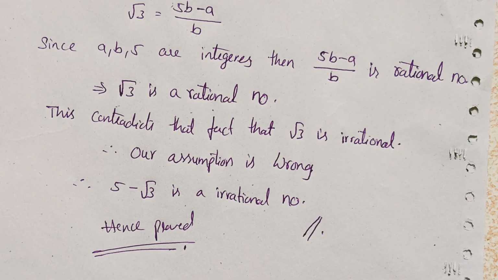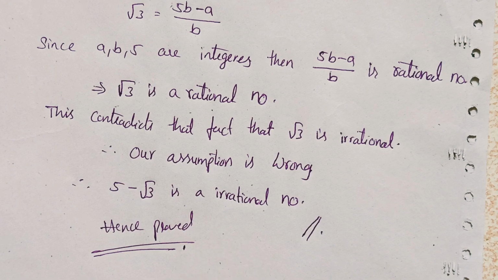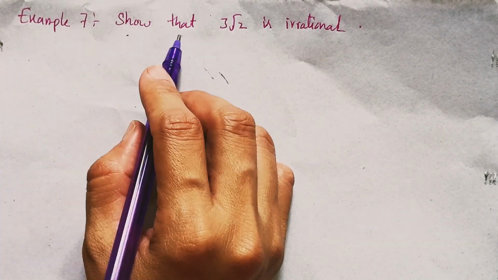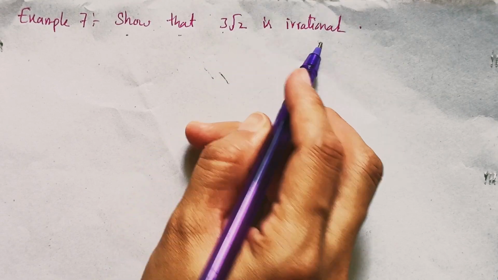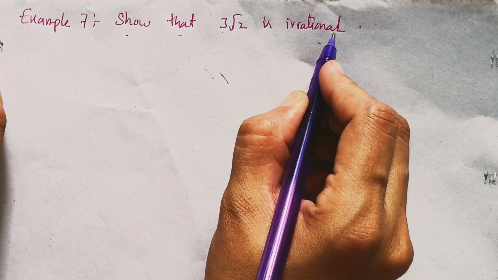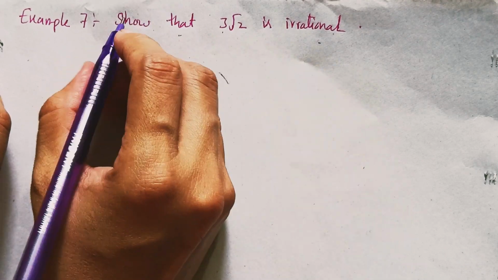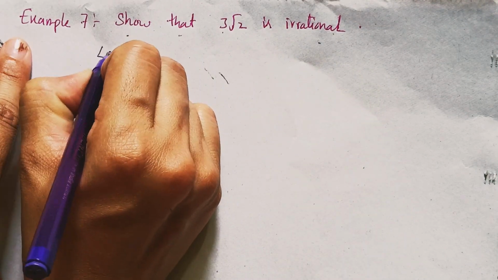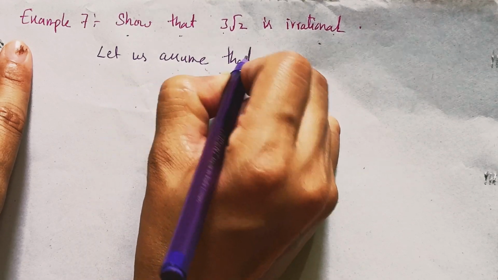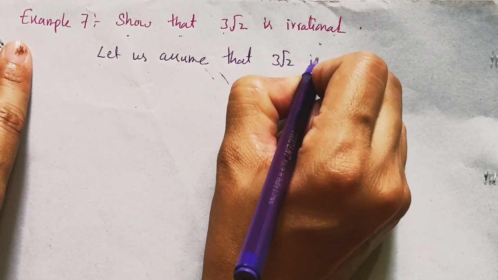Now we'll see the next example, which is: show that 3 root 2 is an irrational number. Here, given that root 2 is irrational, we have to prove it. For that, let us assume that 3 root 2 is a rational number.